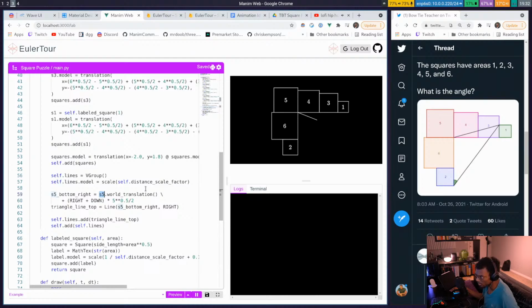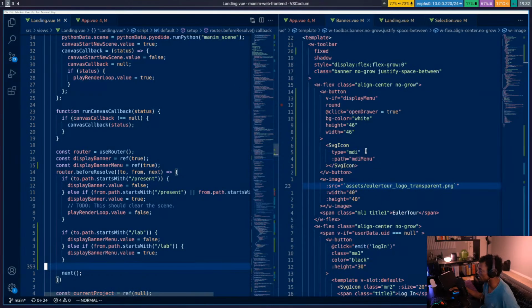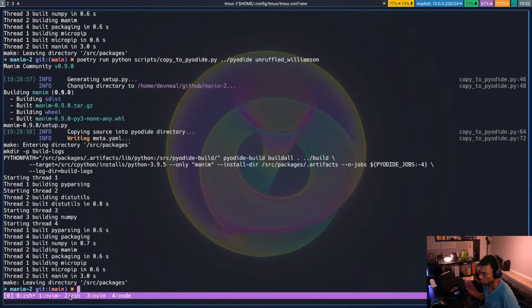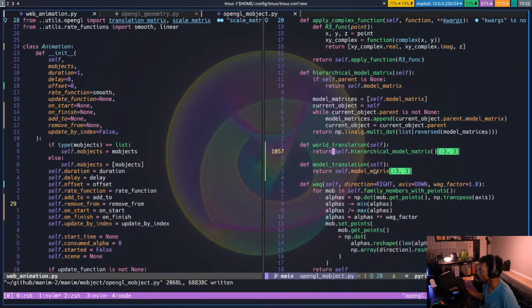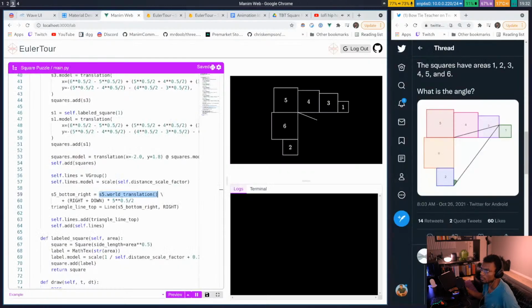So this world translation is bringing its origin into world space. This is not bringing its bottom right corner into world space in general, but I guess it is in this case.